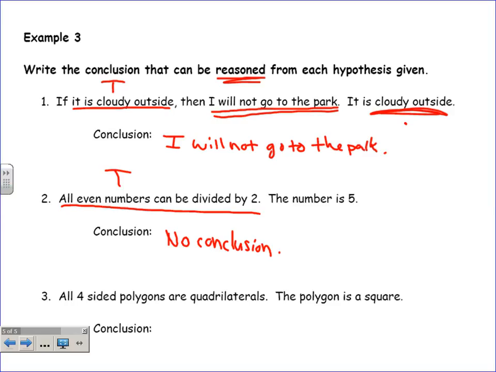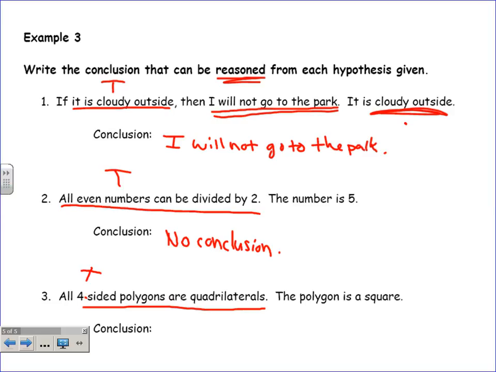All four-sided, that should be hyphenated, all four-sided polygons are quadrilaterals. That's a true statement. All four-sided polygons are quadrilaterals. A polygon is a square. Okay? And this is the weird thing, because we know more about this.